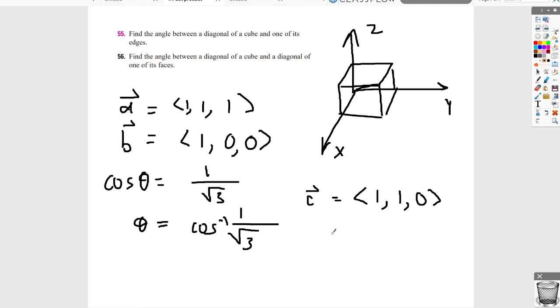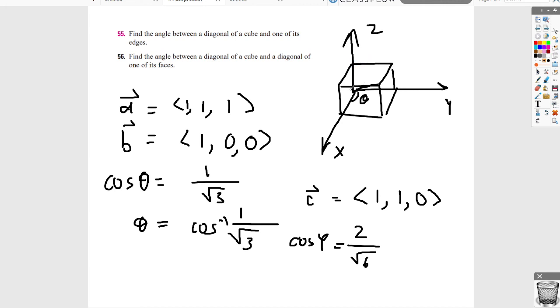So A dot C is 2. And then over the square root of 3 times the square root of 2, which is root 6. So cosine of, let's say, phi. So this would be theta, right? And then if I drew another, I'm sorry for the cursing.